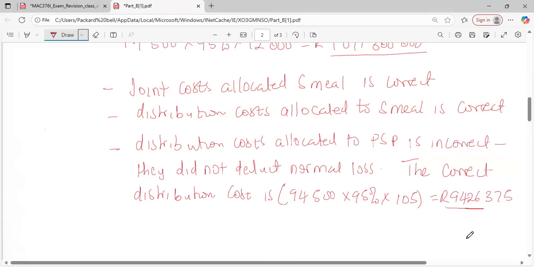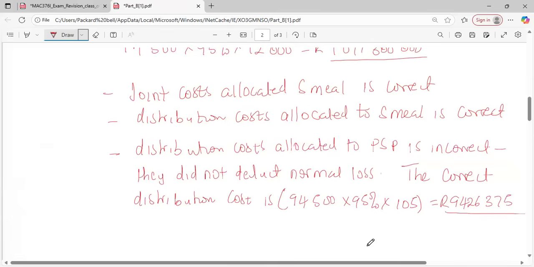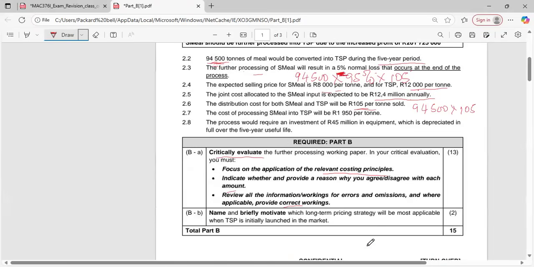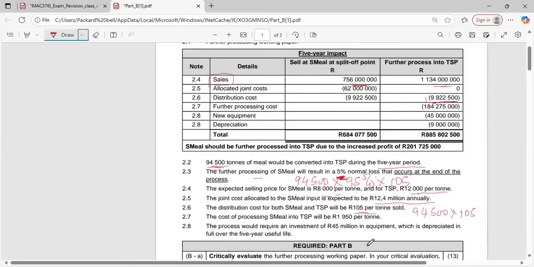Then you are done with that one. So this is how you correct. Correcting demands your understanding of the topic even more, because you are correcting something that was done by somebody. So let's look at distribution costs, which were done. Let's look at further processing cost.